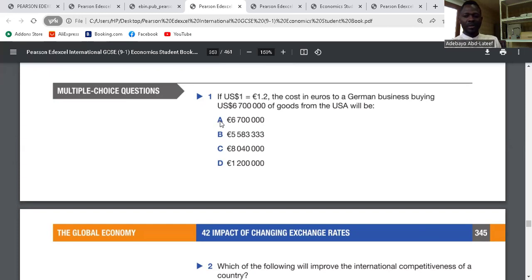Yes. 6.7 million multiplied by 1.2. That's it. So the answer is C, 8,040,000.